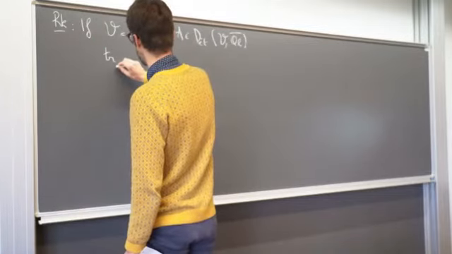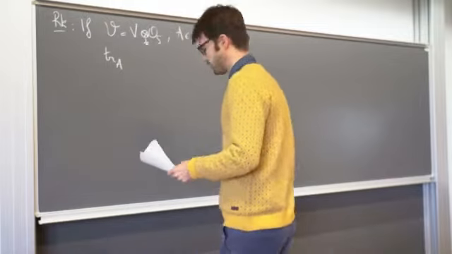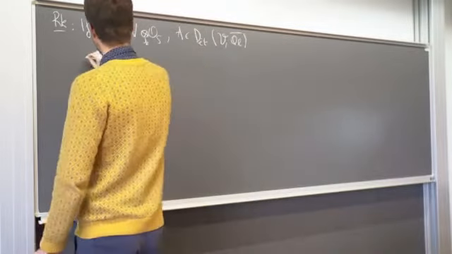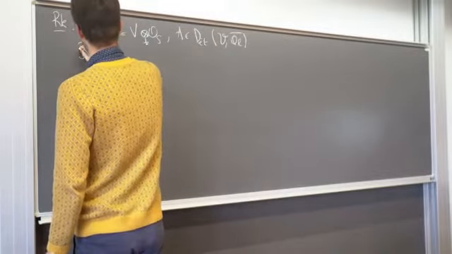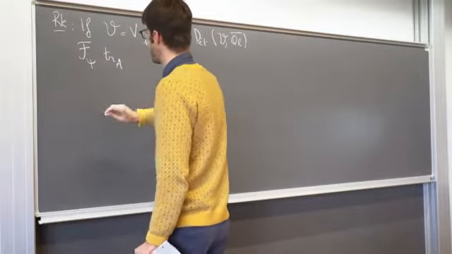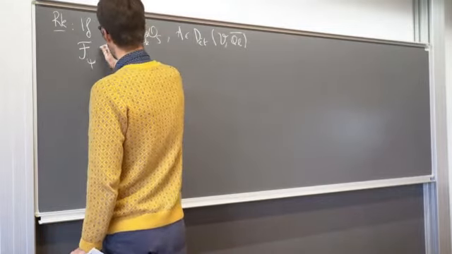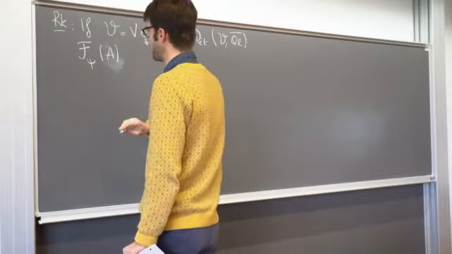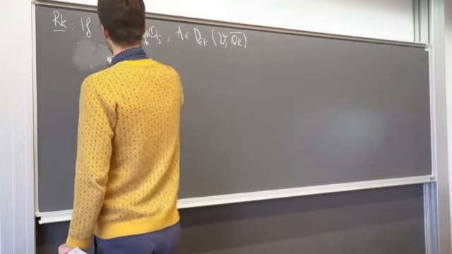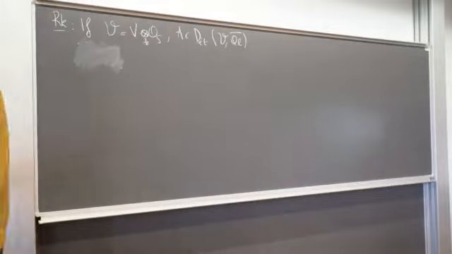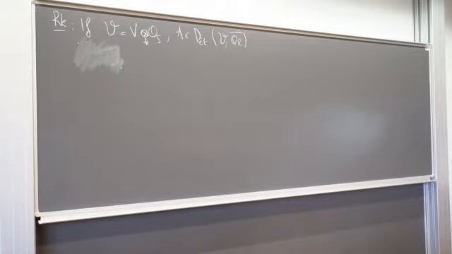And the claim is that if you take this geometric Fourier transform, F psi, and apply it to A, so when V is fixed, I will also sometimes just denote it like this.